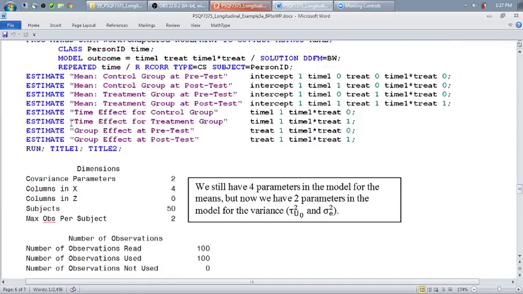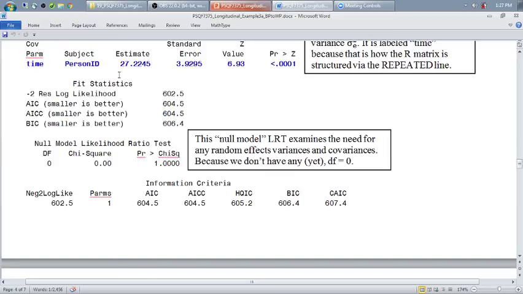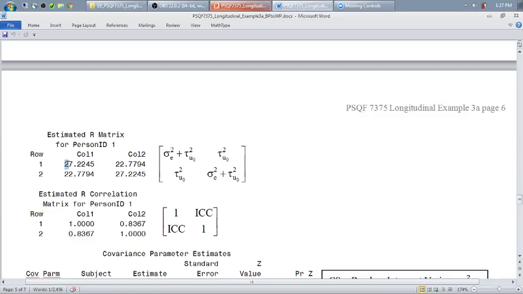So the total variability at each occasion, the 27 that we had before here, that's still what's on the diagonals. The total variability at each occasion is still 27. But how we arrived at that 27 is different.